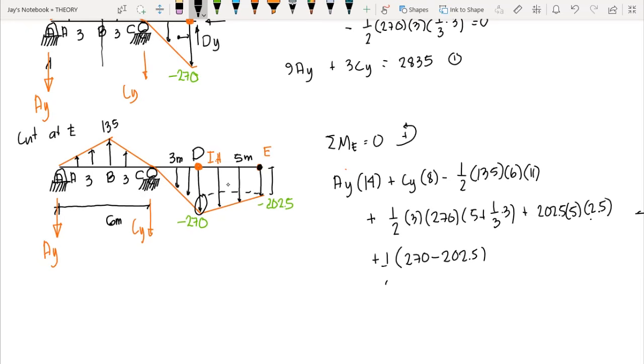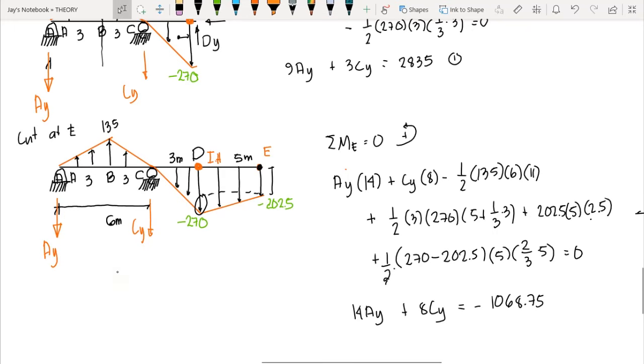Then we multiply it by 1/2 since that is a triangle, times the length 5, and the moment arm is 2/3 of 5. Okay, and this equals 0. In equation, we have 14AY plus 8CY equals negative 1068.75. And this one is our second equation.